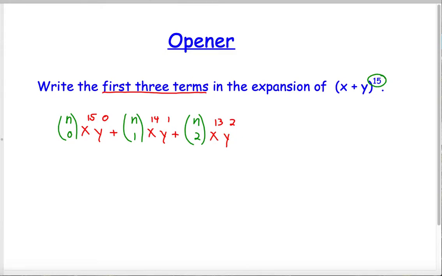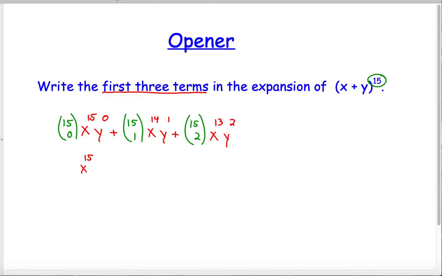So I can fill that in with 15. And let's do some calculating. We know 15 choose 0 is 1, so we're going to get 1, x to the 15th, y to the 0.